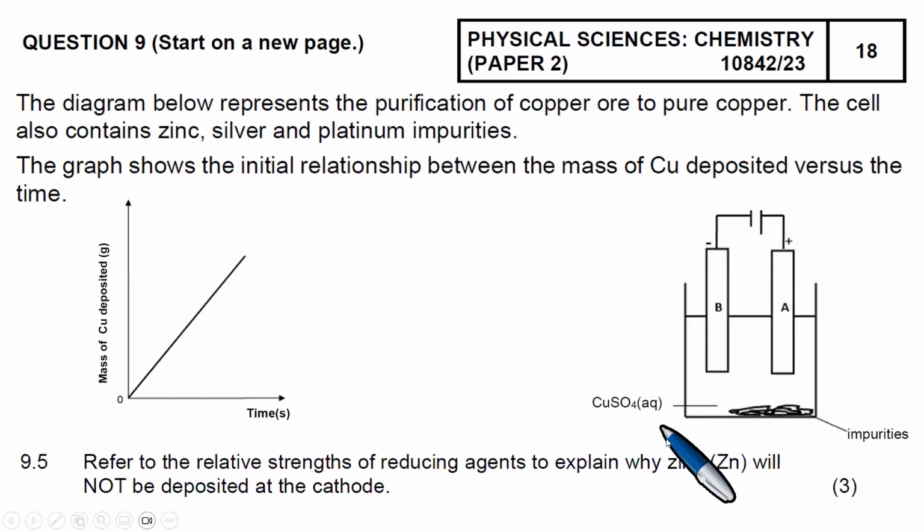Now we look at 9.5. Refer to the relative strengths of reducing agents to explain why zinc will not be deposited at the cathode. Let us look at this here.